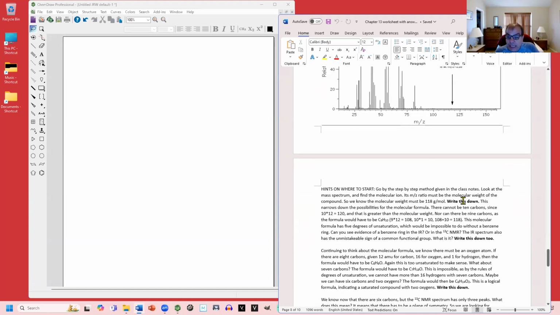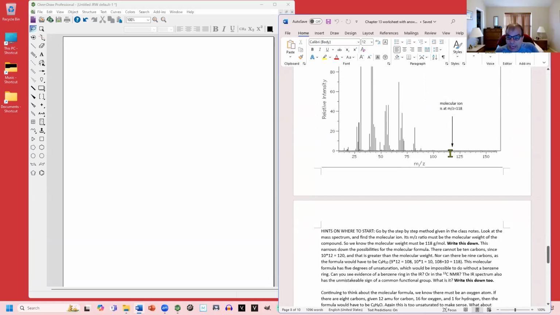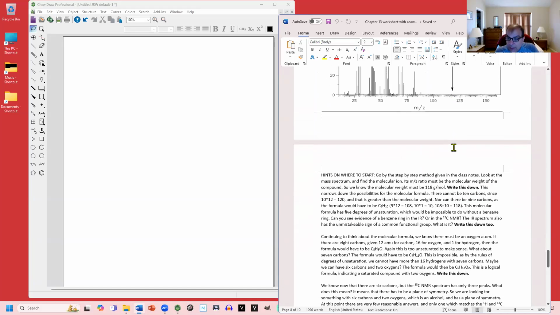And I've basically taken you through this already on the worksheet. So look at the mass spectrum and find the molecular ion. We've done that. So that must be the molecular weight of the compound, 118 grams per mole. And I even tell you here, write this down.